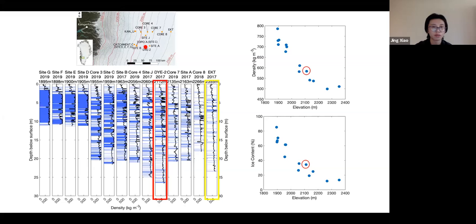Yeah, and DI2 is also quite different from the sites at lower elevation. For example, site G is almost filled up with ice, and in that core, only the top 2 to 3 meters are not that icy, and that part is just from the last 2 to 3 years. Those successive high melt events from 2010 and 2012 created a lot of refrozen ice, which filled the near surface of the firn there.